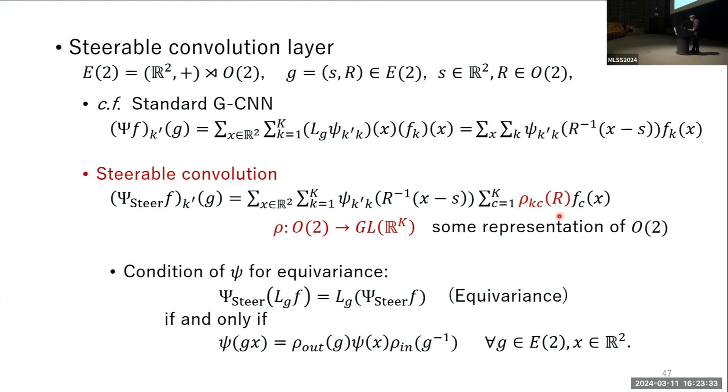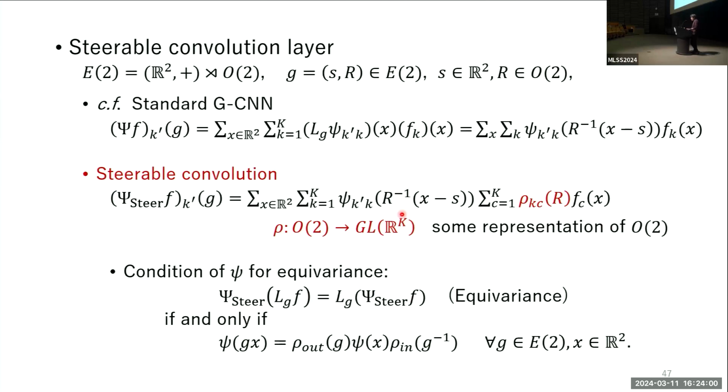For the channel direction, they apply some matrix depending on the group applied to the spatial filter here. And in this case, a rotation dependent matrix is applied to the channel direction and it takes a filter after spatial translation and rotation.